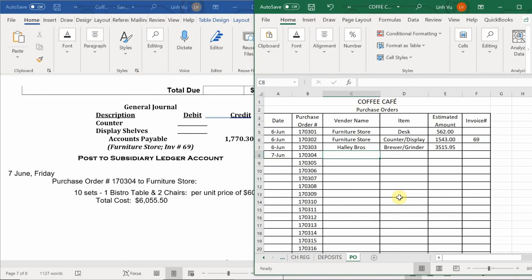So here on June 7, it's PO number 170304, right? And who did I purchase this from? Furniture store. What did I buy? Tables and chairs, right? And for what estimated amount? $6,055.50.